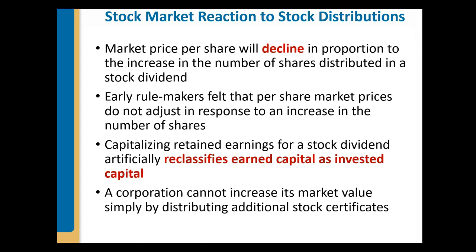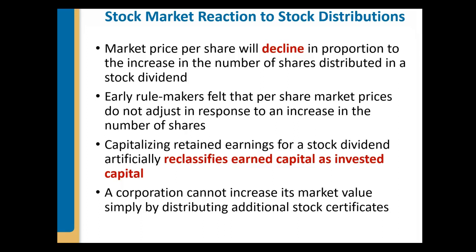This obsolete reasoning is inconsistent with our earlier conclusion that the market price per share will decline in approximate proportion to the increase in the number of shares distributed. Our intuitive conclusion is supported also by formal research.